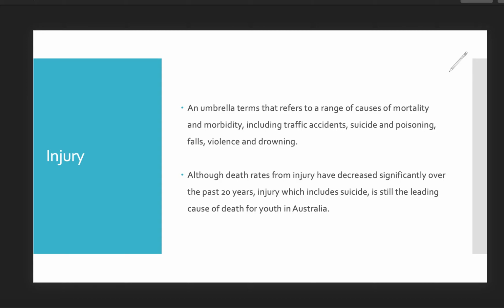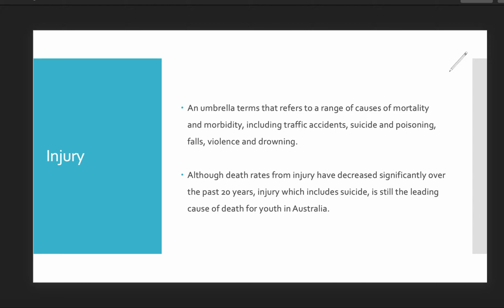Now, although death rates from injury have decreased significantly over the past 20 years because of healthcare, advances in health technologies, and also safety means in things like cars with airbags, we know that injury still includes suicide, which is a leading cause of death for youth in Australia.